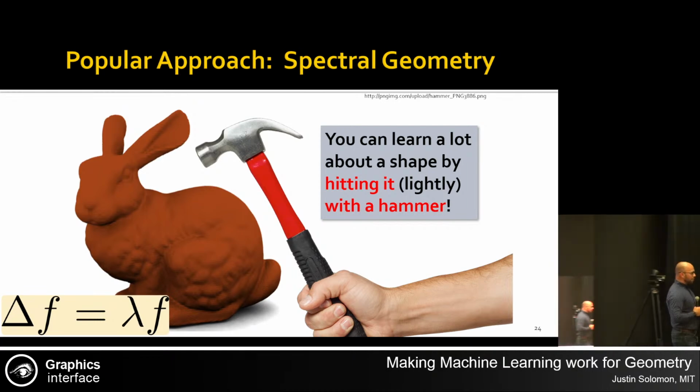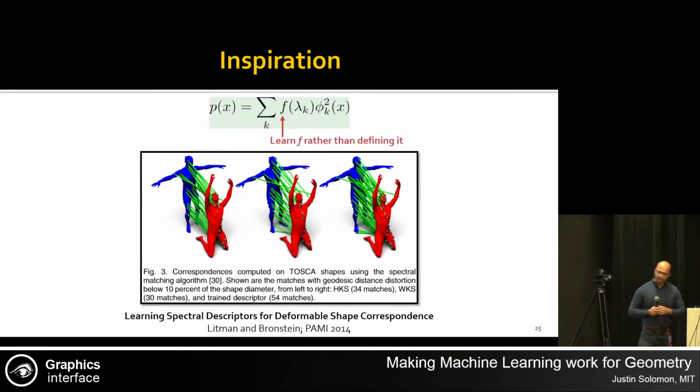Now, this is a popular technique, and several years back, Litman and Bronstein had an interesting idea. They noticed that people in geometry processing have proposed millions of different shape features that all have a very similar form. They come from simulating waves or doing vibration frequencies or heat diffusion. All of these different things are just functions of that list of eigenvalues.